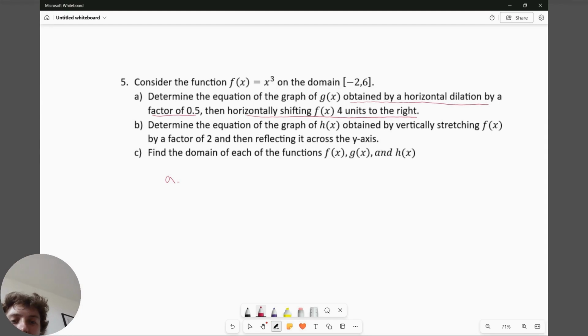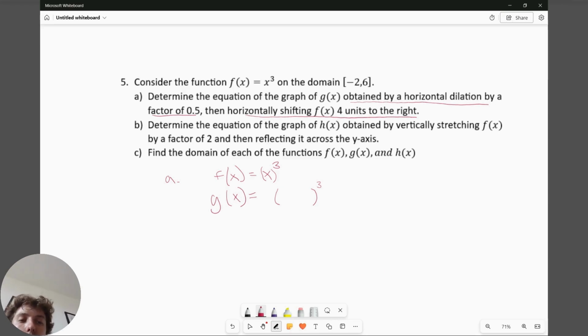So for A in this case, we take our function, which is x cubed. We're going to now create g of x based off of that. Realize x is being cubed, so anything that is affecting x horizontally would also be getting cubed. It needs to be inside with the x there.